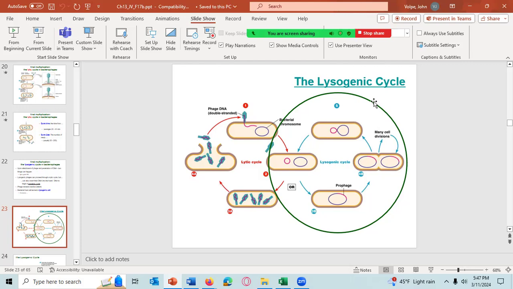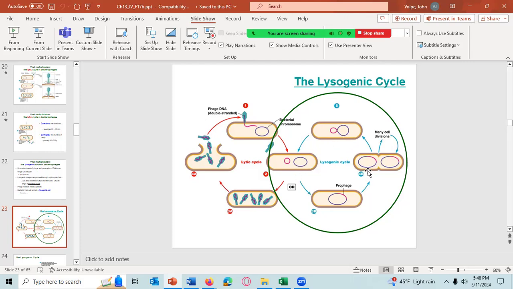Like I said, in the lysogenic life cycle, the virus can replicate, but only when the host cell replicates its own DNA. Any questions about that? All right. And then for reasons which are not totally clear, every once in a while, the virus can leave the lysogenic life cycle and enter the lytic life cycle.